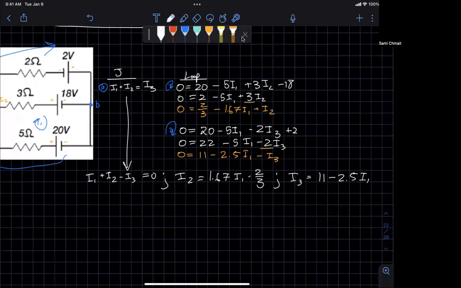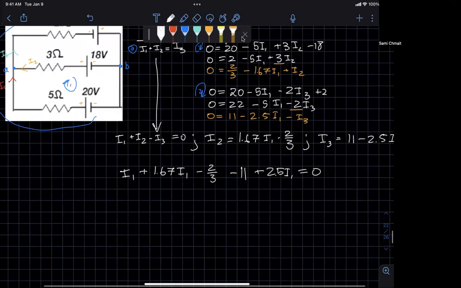So at this point, all we have to do is move everything in. Oh yeah, we have a minus I3, so make sure when you plug everything in, you adjust the signs. And that whole thing is equal to 0. Now you can clean this up and solve for I1.